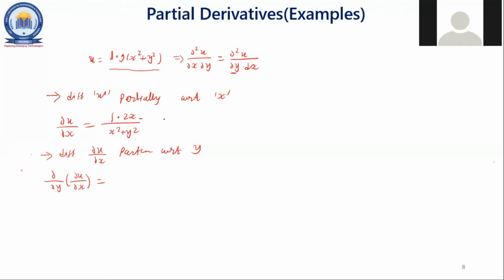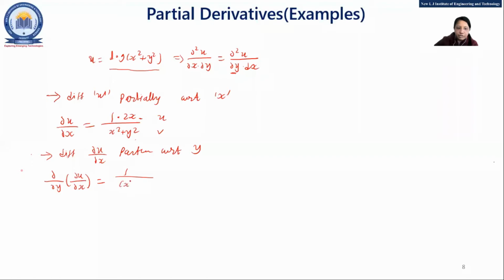So here we are differentiating with respect to y, so x will be constant. So we will apply the derivative of 1 upon x, that will be minus 1 upon x square. So that will be 1 upon x square plus y square, the whole square, and minus sign, right?